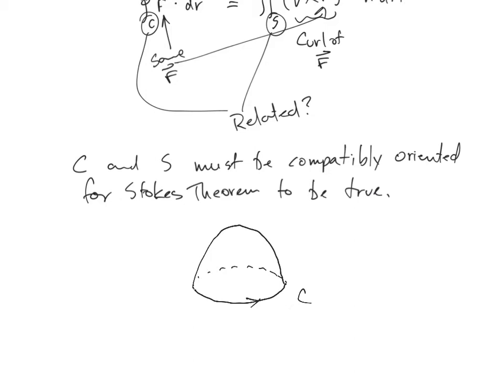You're going to point your thumb in the direction of C. Your thumb is going to point in the direction that C is oriented. Your first finger, your pointer finger, I'll call it first because the next one I'll call second.